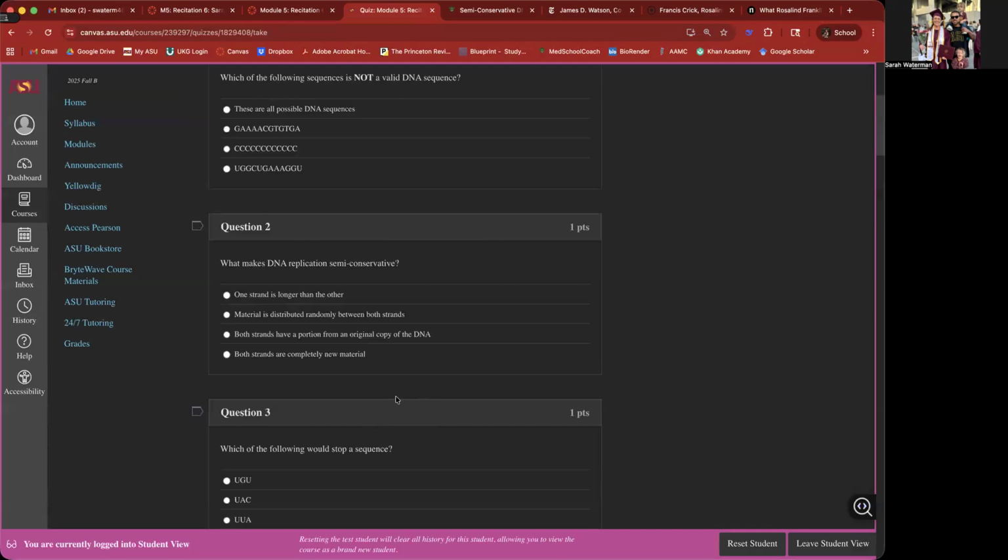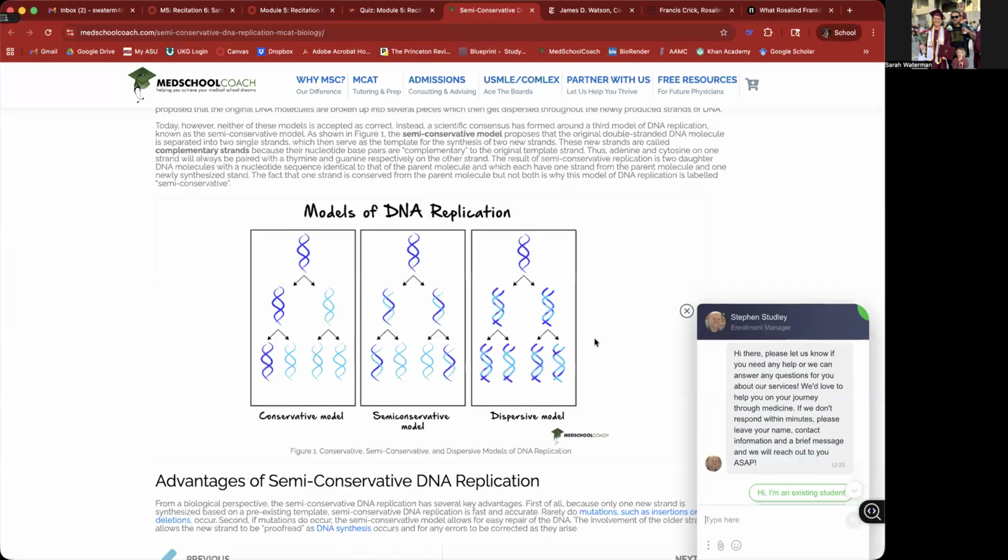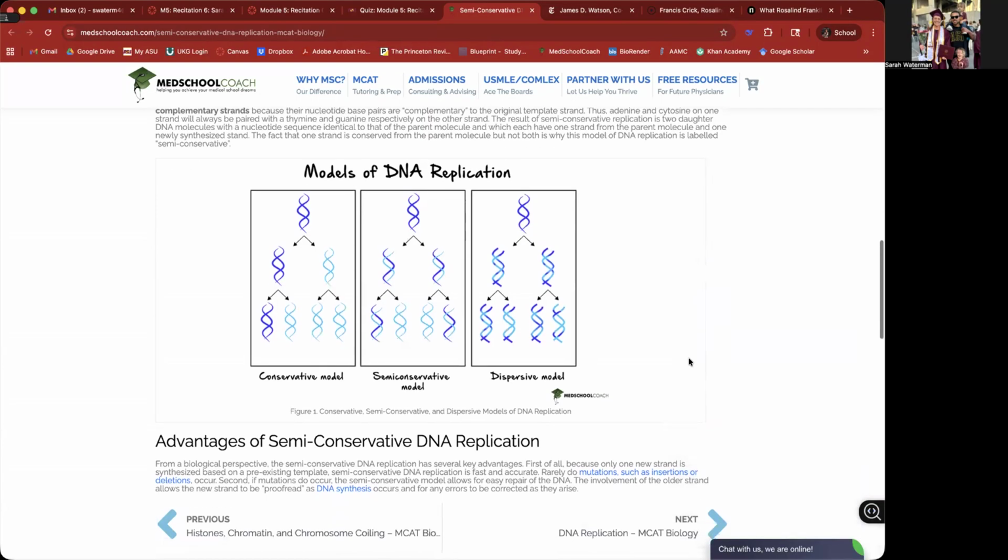What makes DNA replication semi-conservative? Let's remember what the difference is between the semi-conservative, conservative, and dispersive models. Here we have the models of DNA replication.